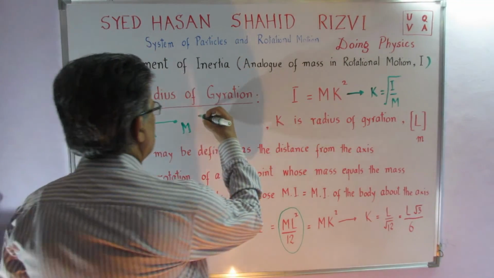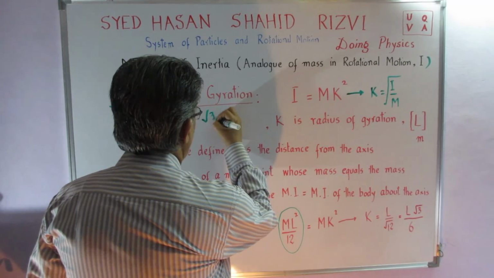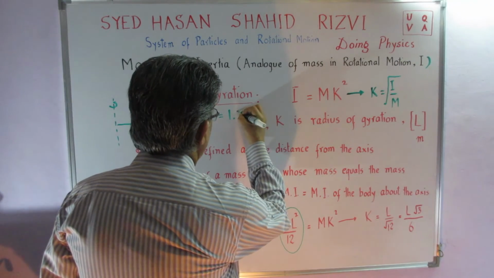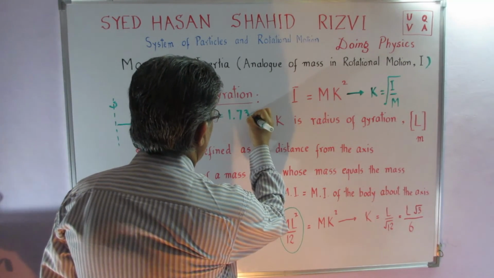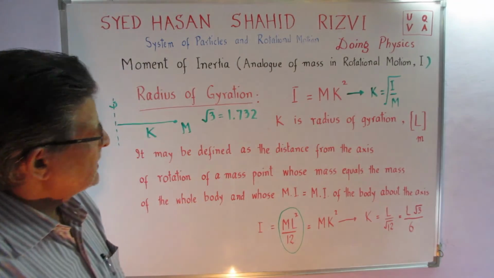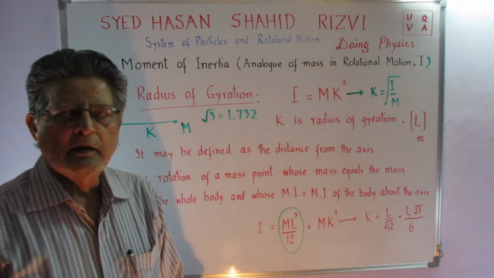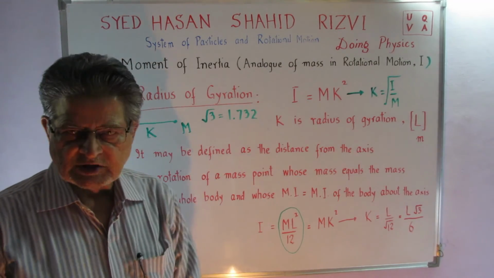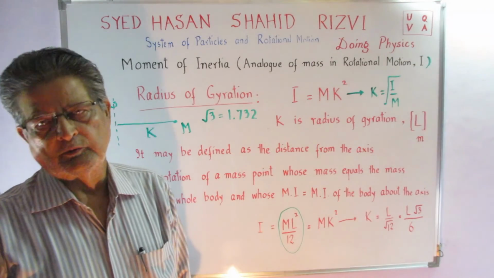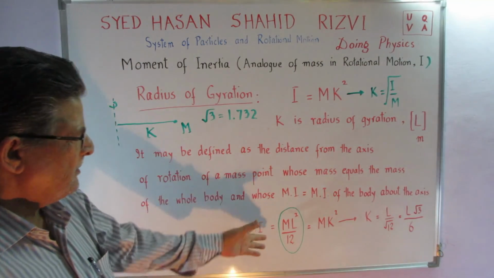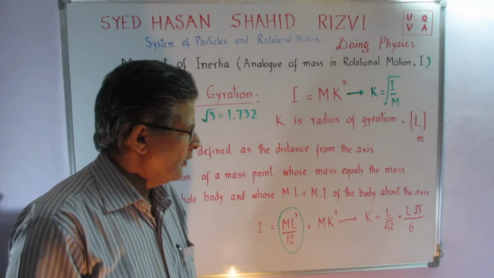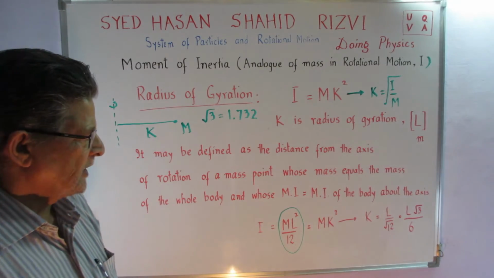I remember it: root 3 is equal to 1.732. And in Urdu, Hindi, my language, I remember it as 1732, like root 2, which is 1414. So many of these things have to be remembered, and we can substitute and make the calculation.